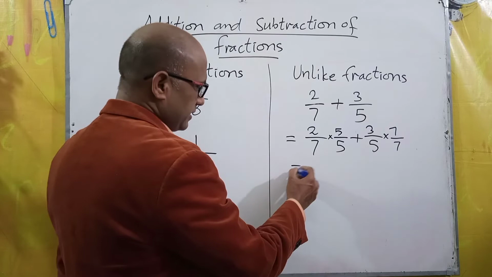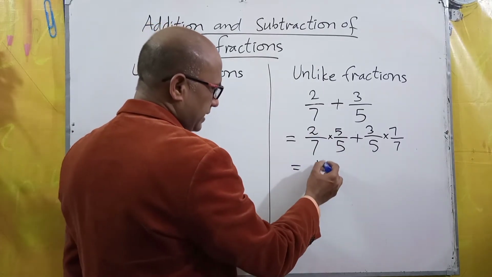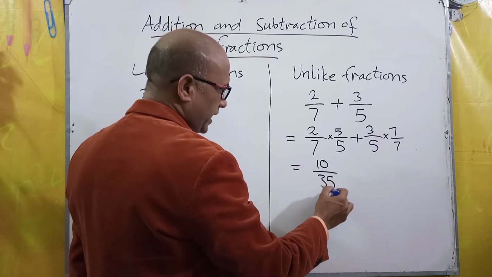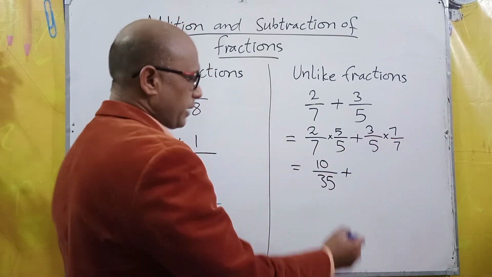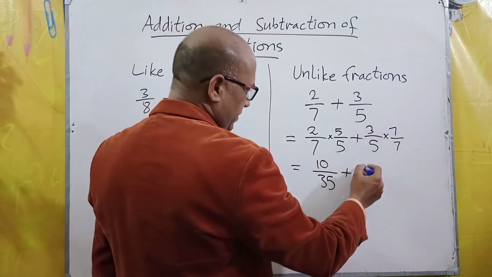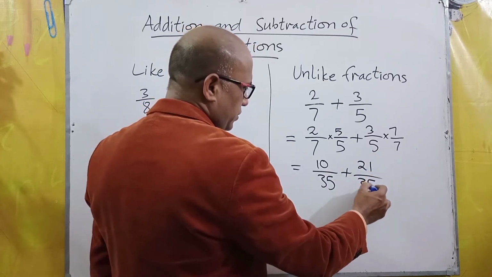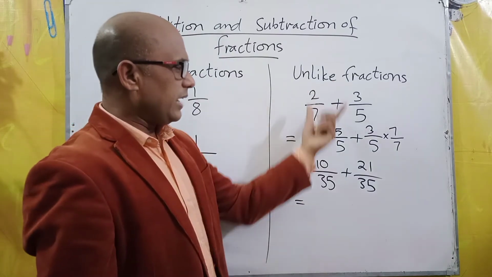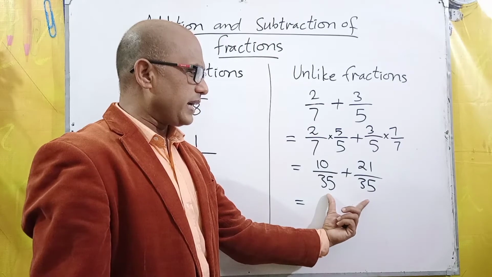So the first one will turn into 5 2s are 10 over 7 5s are 35, and these two will be multiplied as well. 3 7s are 21 over 35. So this is how we'll turn unlike fractions into like fractions.